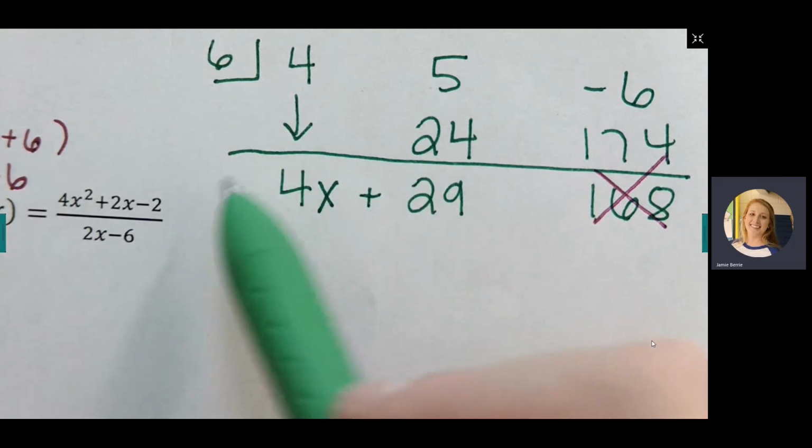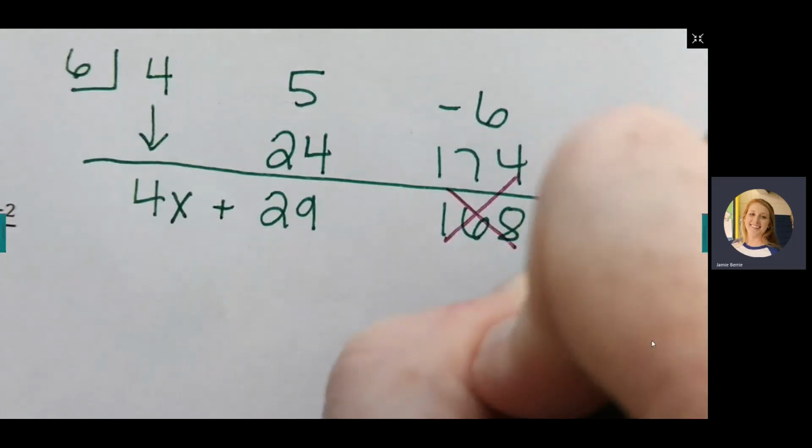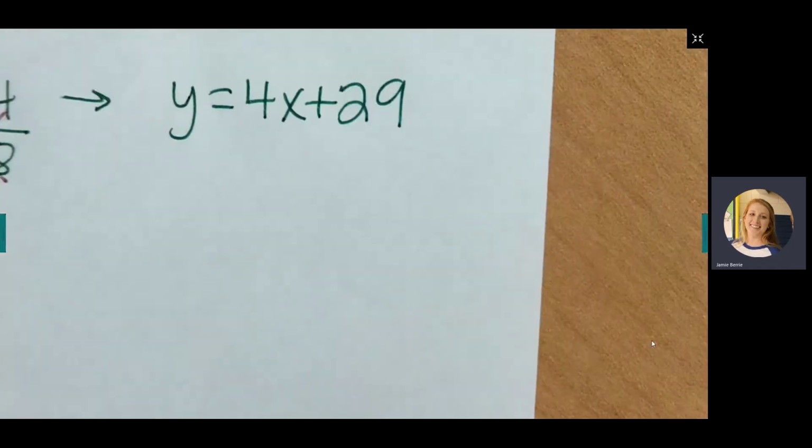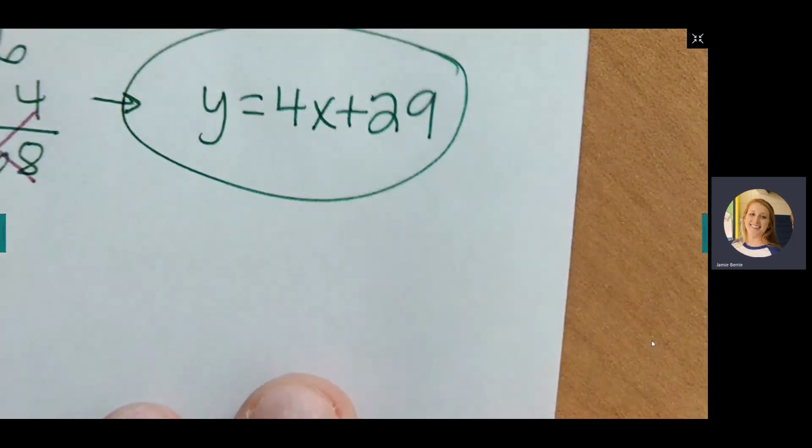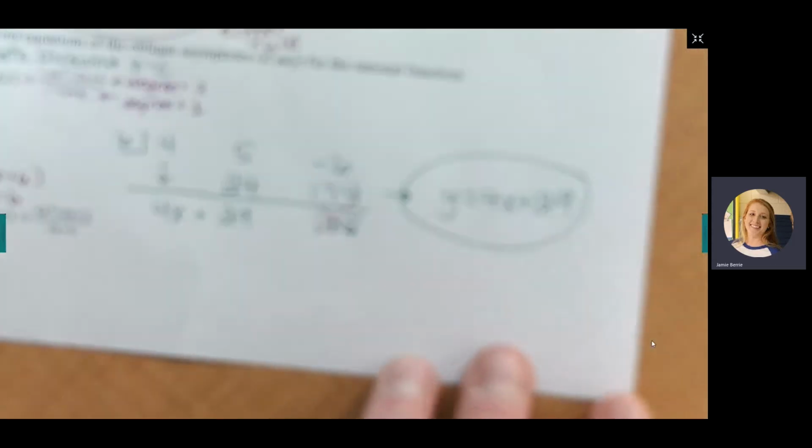Only thing we're missing right now is the y equals. So just go over here. That's going to be y equals 4x plus 29. And there's your slant or oblique asymptote. It's that line.